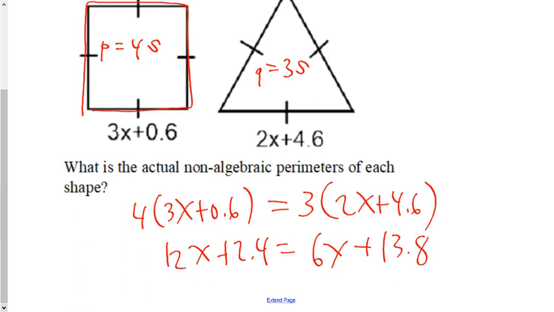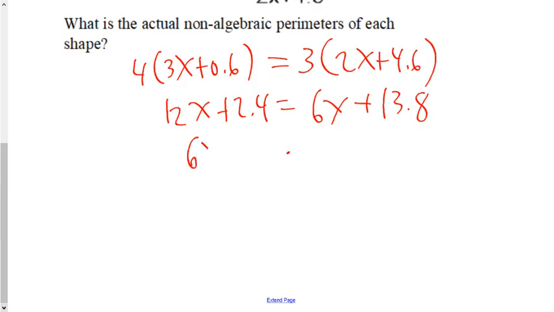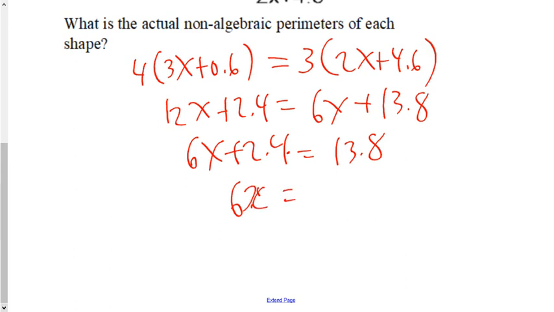I think that's right. Once you've expanded it, subtract 6x from both sides. Once you have that, subtract 2.4 from both sides. Oops, 6x equals 11.4. Divide both sides by the coefficient, and x equals 1.9.